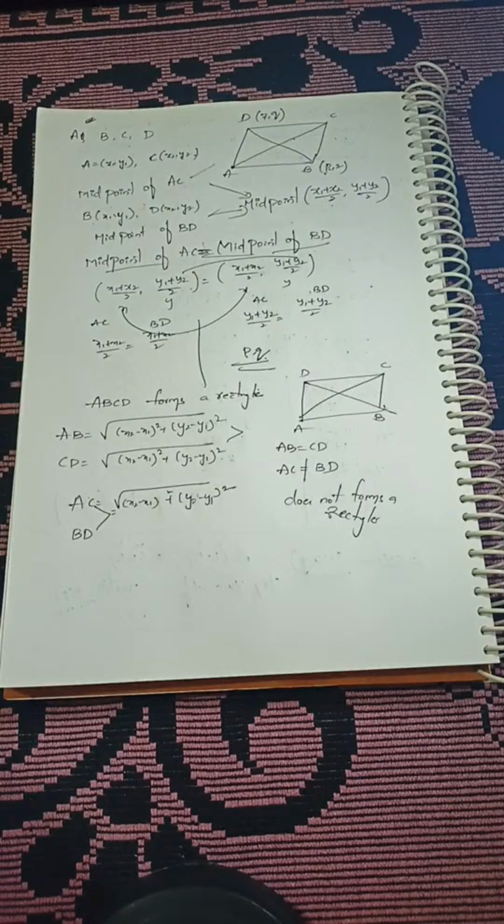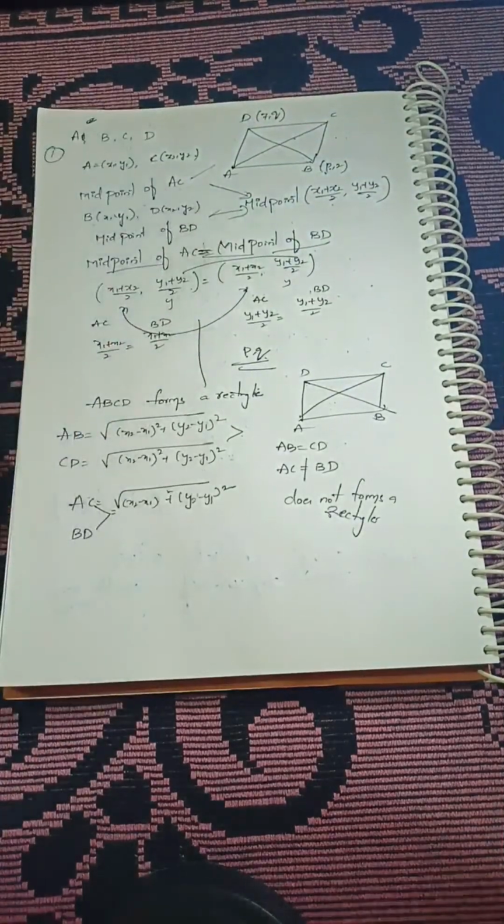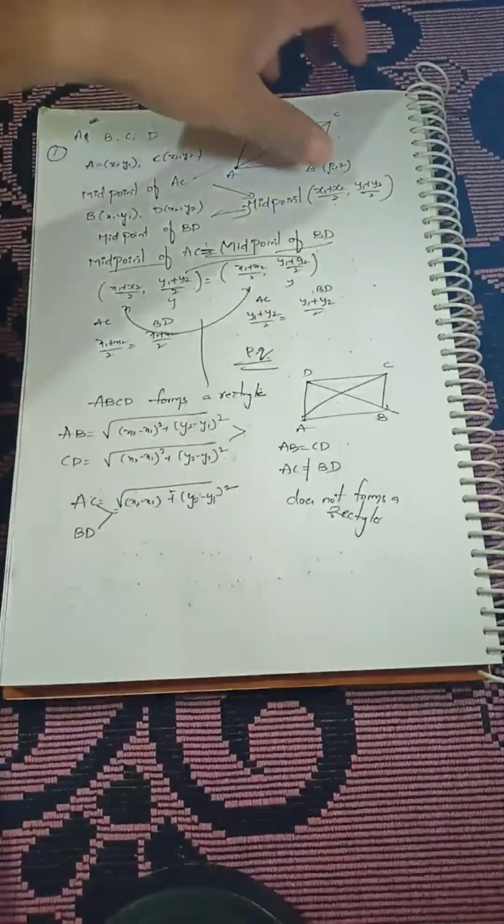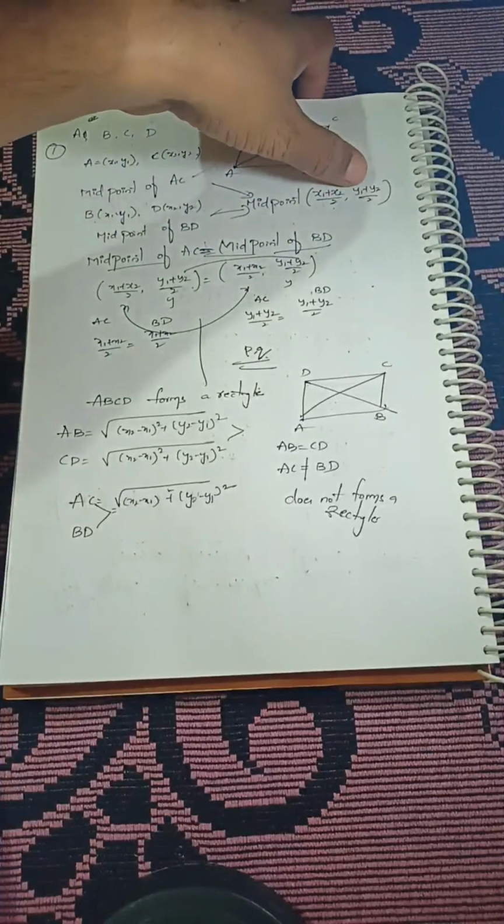So for all the problems I will write the procedure, you can substitute the values, that's it. So this is the entire process. First take A value, C value, do midpoint, take B value, D value, midpoint.